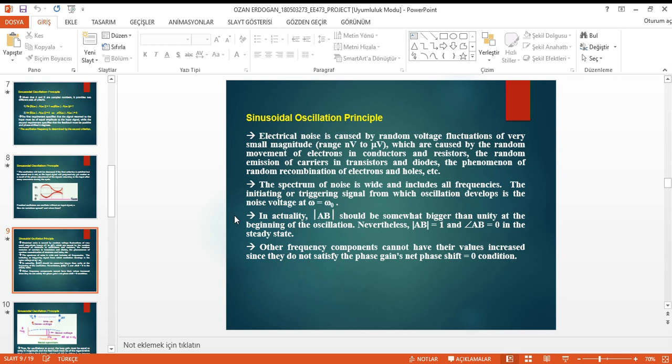Electrical noise is caused by random voltage fluctuations of very small magnitudes, which are caused by the random movement of electrons in conductors and resistors, the random emission of carriers in transistors and diodes, and the phenomenon of random recombination of electrons and holes.